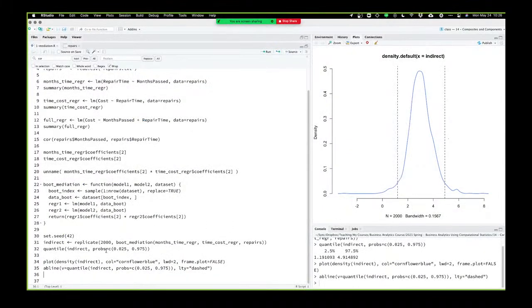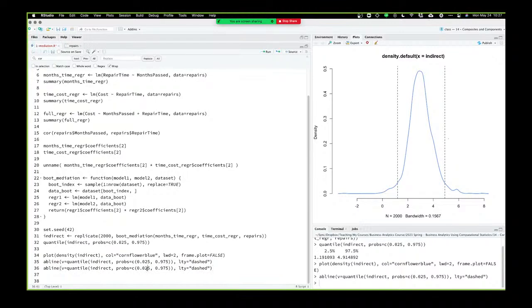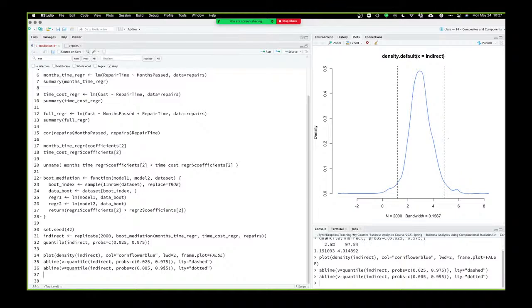Okay, and I could do this at 99% confidence as well if I simply change this to 0.005 and 0.995, I think. All right, and let me use a dotted line here. That's like my 99% confidence interval. Okay, so I can say I'm fairly sure that there is an indirect effect and it's not zero. It's quite bigger than zero.